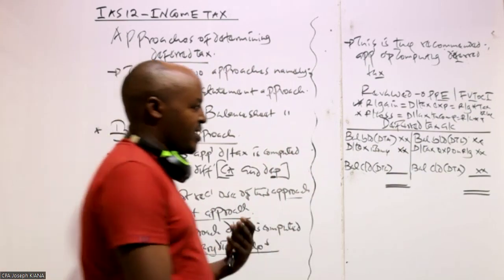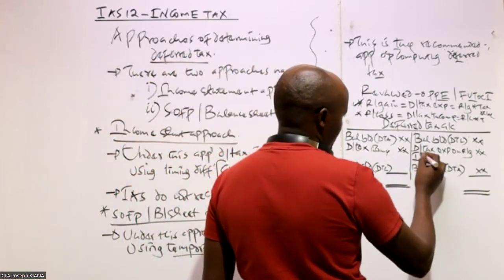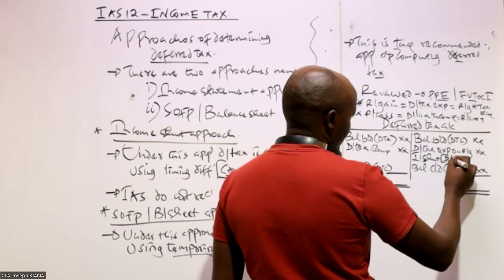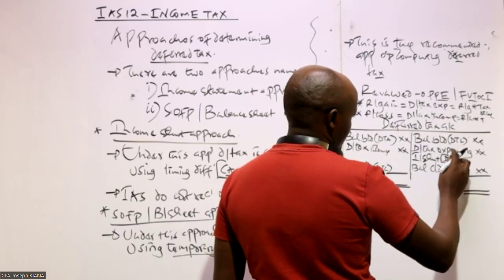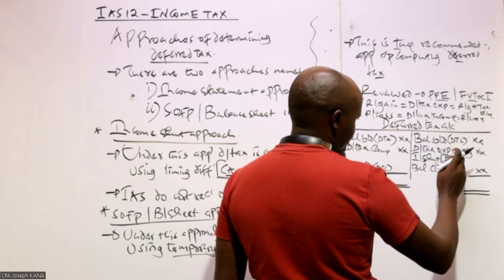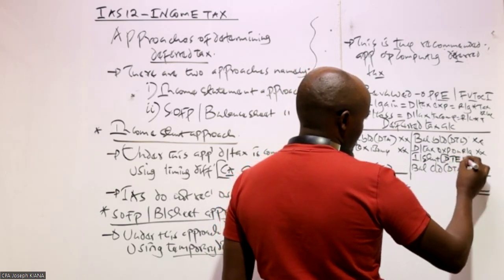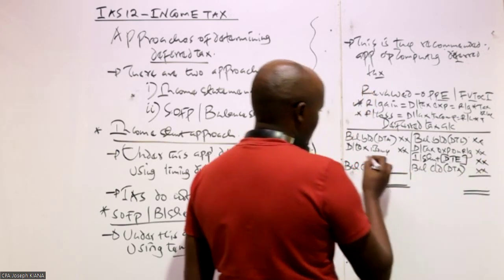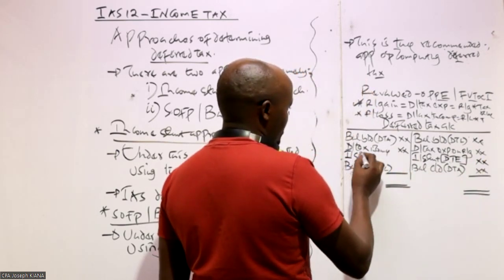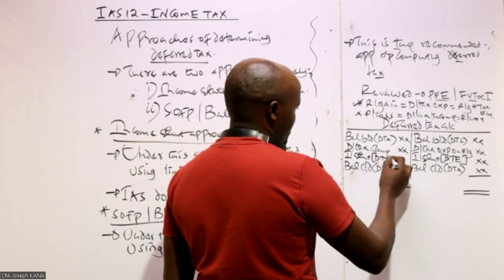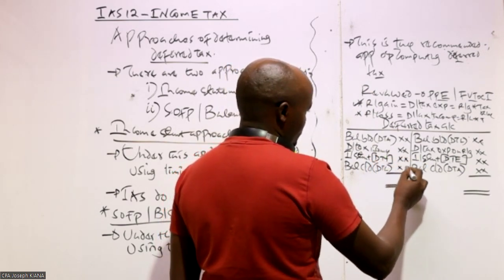And then we balance this account. Any balancing figure on this side will be taken to the income statement, and this is a deferred tax expense. A balancing figure on that side is still taken to the income statement, and it is a deferred tax income.